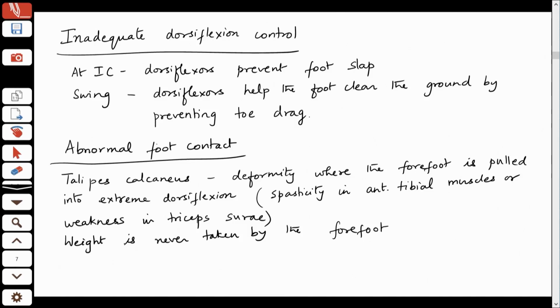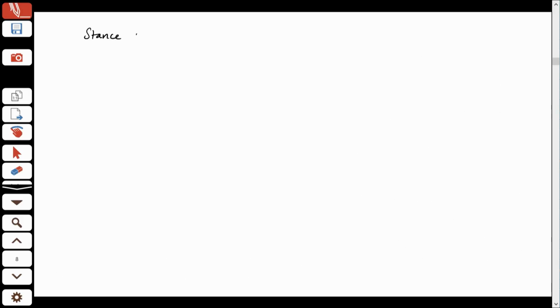Okay. So, the result of this is that stance phase duration is reduced, because there is no terminal stance, no terminal forefoot stance, because the foot is not able to get to that at all, no terminal forefoot stance or terminal rocker.